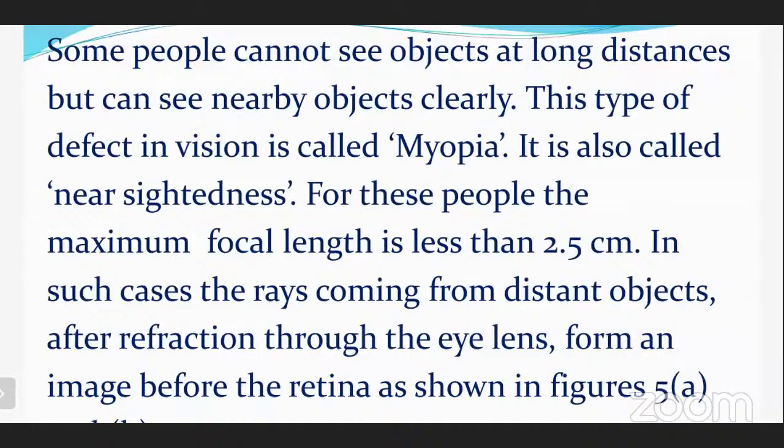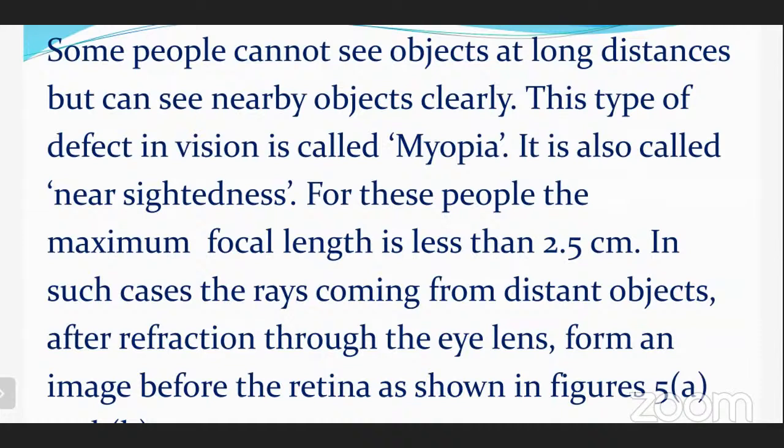This type of defect in vision is called myopia. People who have myopia can see nearby objects, but they can't see objects at long distances.